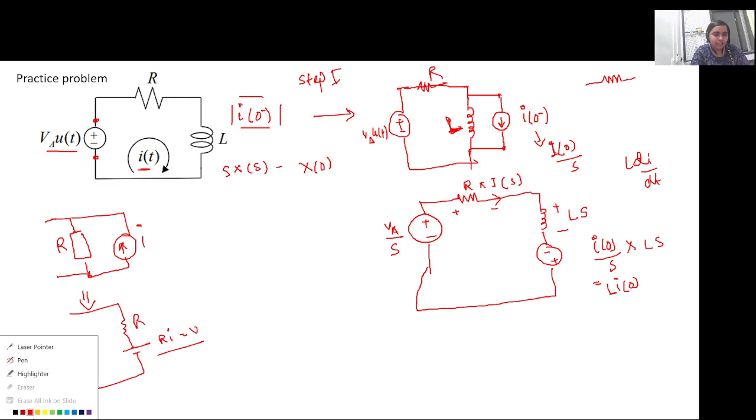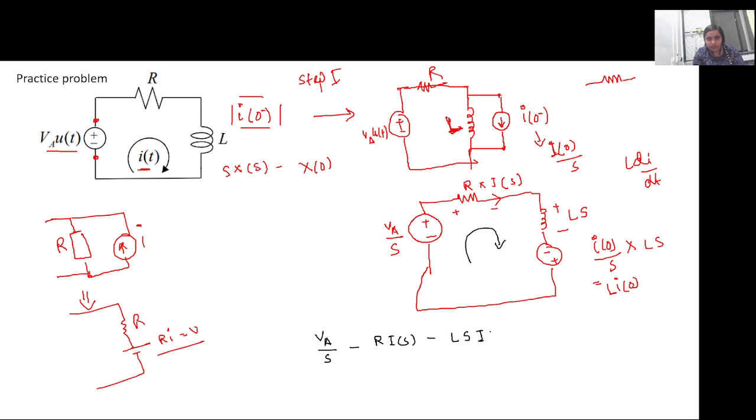Now we can apply KVL. Once we apply KVL in this loop, we'll be able to solve for I(s). So it will be V_A by s minus R into I(s) minus L s into I(s), and plus, since we have a negative sign here, plus L into I(0) equal to 0. Let us separate out the I(s) term.